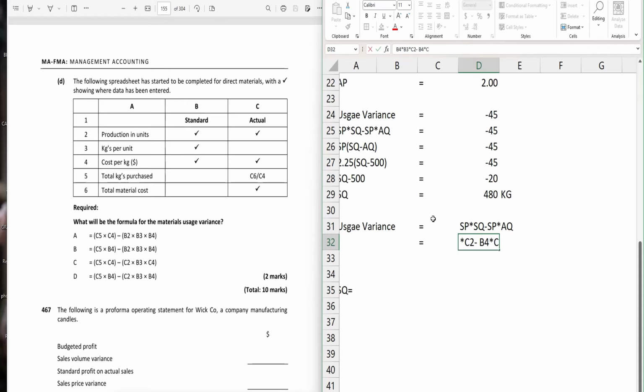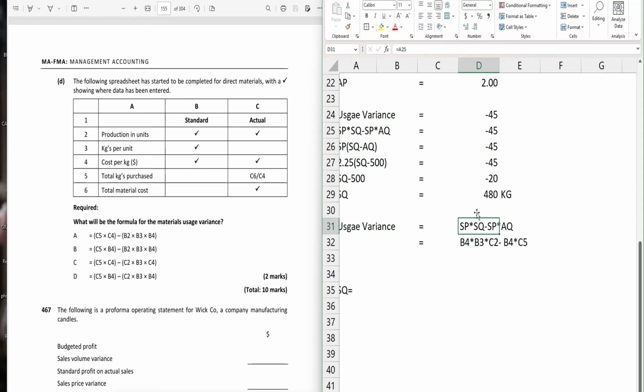Actual kg, total actual kg purchased, that's C5. Let me explain. SP is your standard price per kg. That's very simple. Standard cost per kg, it's B4. And SQ is your standard quantity for the actual production.